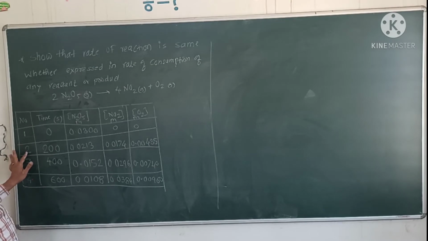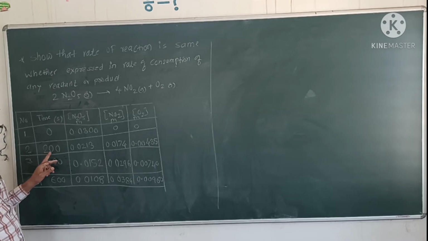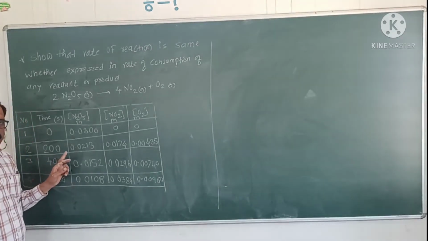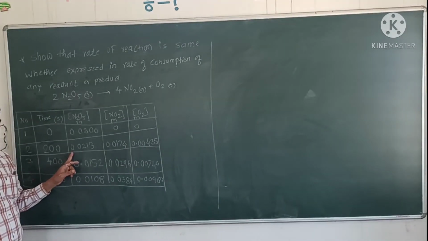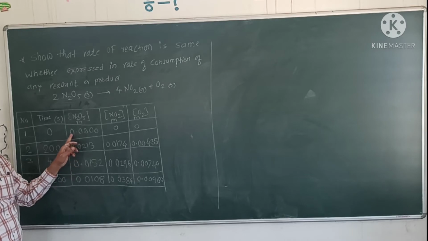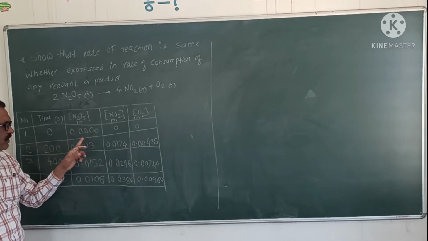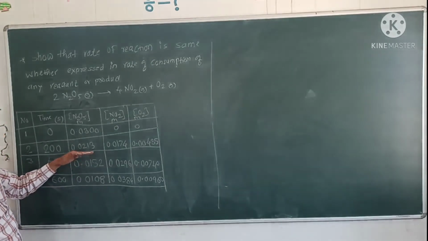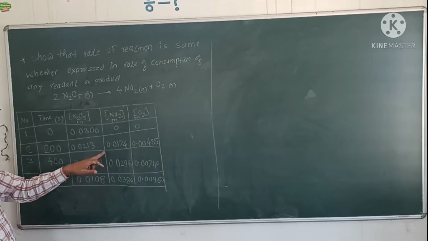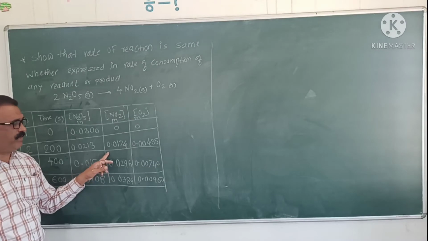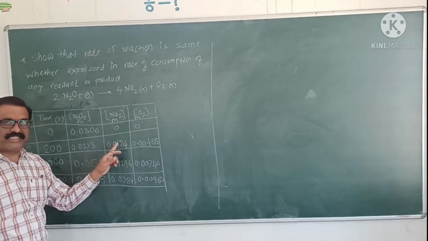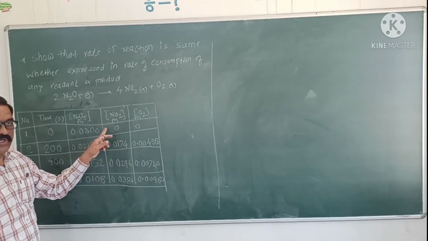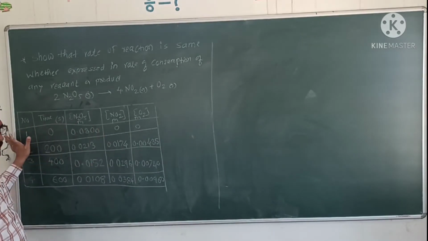Second observation. After 200 seconds, when the time is equal to 200 seconds, the concentration of reactant goes on decreasing from 0.03 to 0.021. The concentration of NO2 becomes 0.017 moles, which is 0 at 0 time interval.